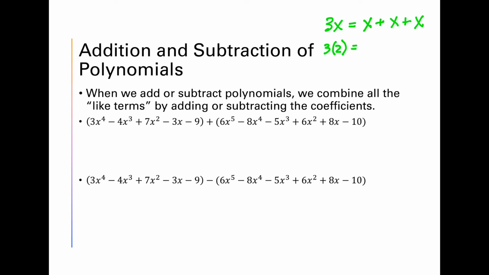The idea behind this could represent 2 things. It could be 2 added to itself 3 times, and so the 3 represents how many of the 2's we have. We have 3 of them. But it could also be the reverse: we could think of it as 2 3's that we're adding, which is the same as 2 times 3.